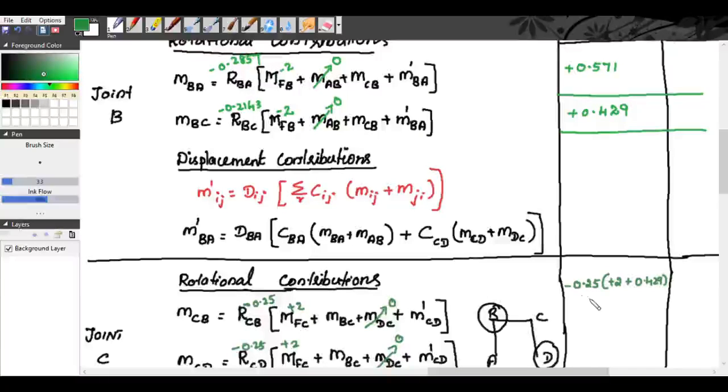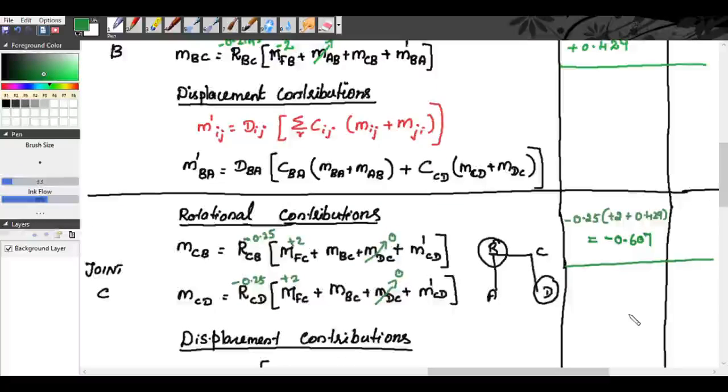We get MCB as minus 0.607. Similarly, MCD is also equal to, because there is no change in the values, minus 0.607.